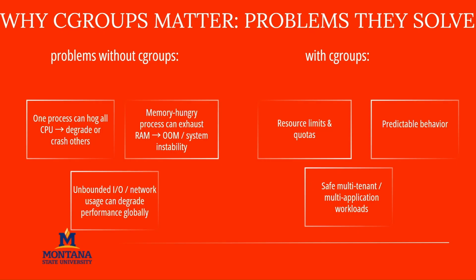Cgroups solve this by enforcing resource quotas, limiting how much CPU, memory, input-output, or network a group of processes can use. That leads to predictable performance, avoids noisy neighbor problems, and makes it feasible to safely run multiple apps on a single host.